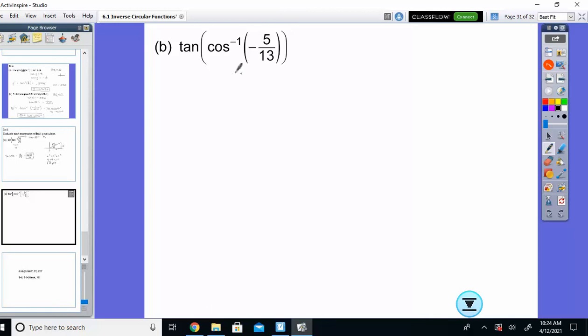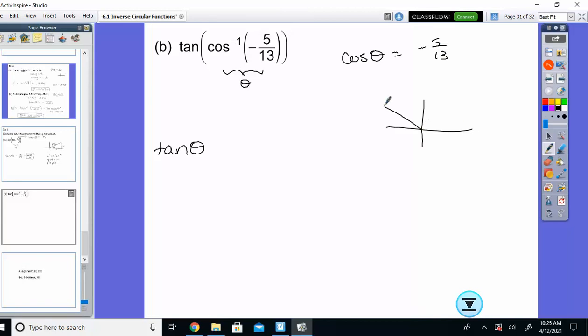So again, this just represents some angle, and we have to find tangent of that angle. Now cosine inverse can be in which quadrants? 1 and 2. Since this was a negative, I need to draw this triangle in quadrant 2. Cosine is adjacent over hypotenuse.